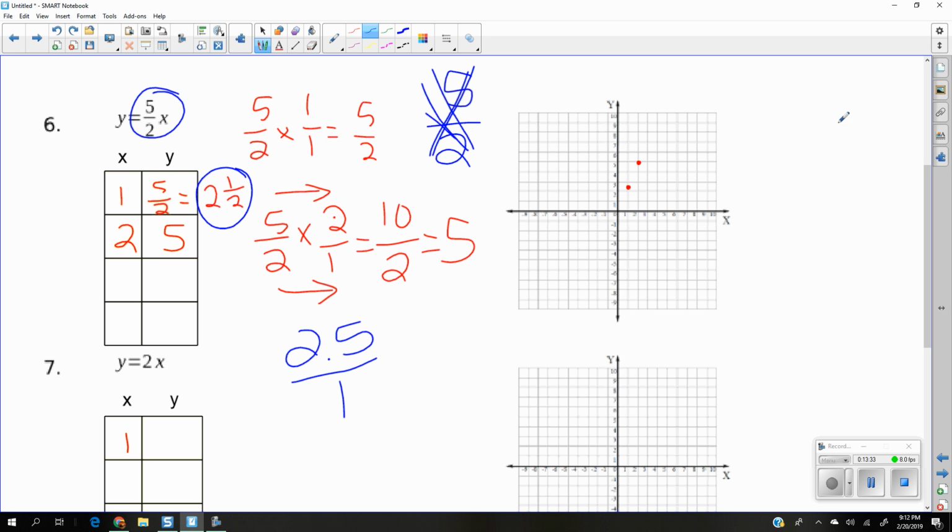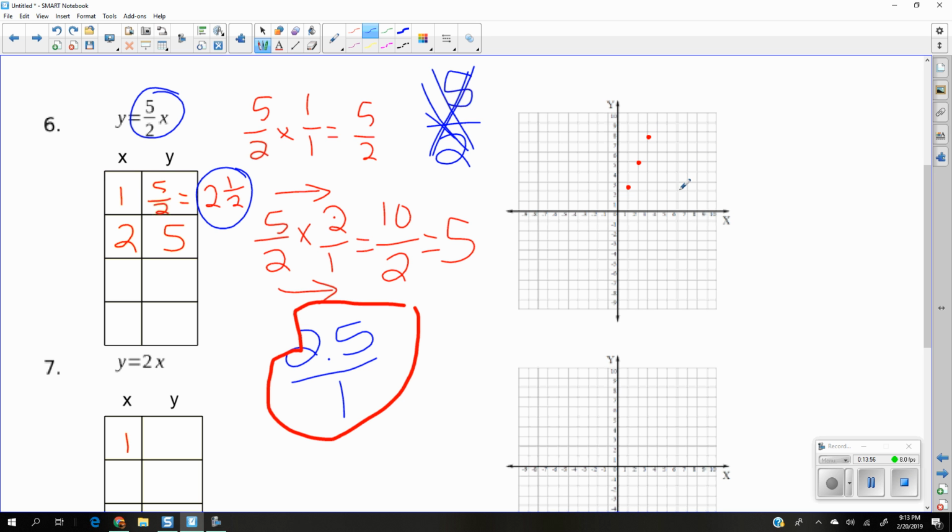Or we could have used our slope to do it also and go up 2.5 and across 1, which would be right there.